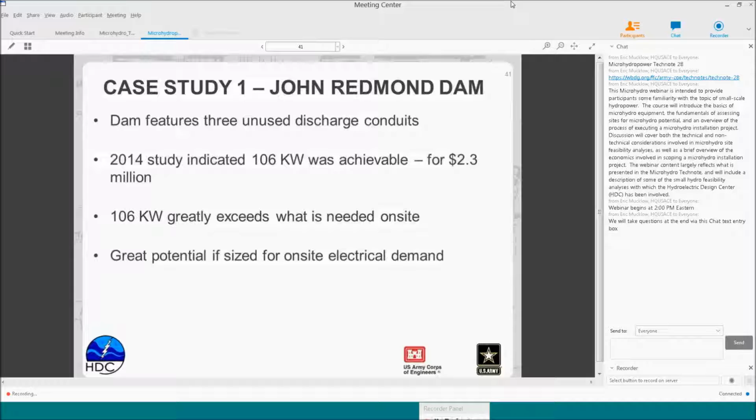But that study focused on maximizing the potential of John Redmond Dam, which would ultimately have rendered it a net power producer in excess of 100 kilowatts. Additionally, the costs of development were projected to be substantial, in part based on the scale of the proposed development. If this were reevaluated from an energy independence perspective, perhaps sizing the turbine accordingly, then this is a good example of a site that does have microhydro potential.